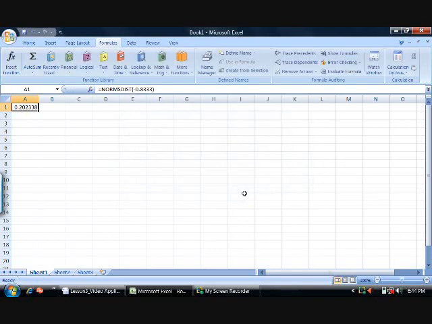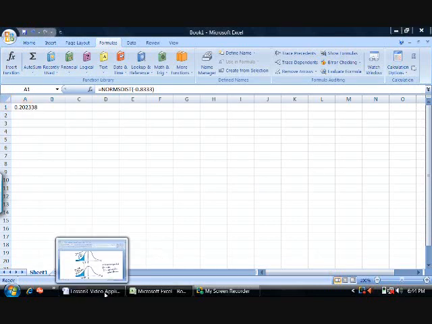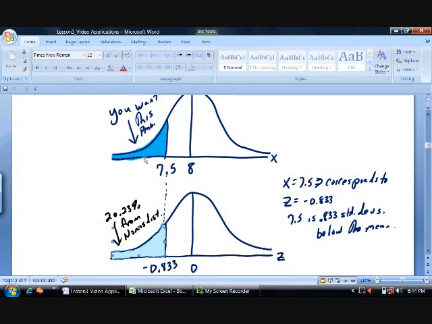Okay. I get a value of 0.2023 or 20.23%. And if I come back, 20.23%, that's the probability for application number 2.